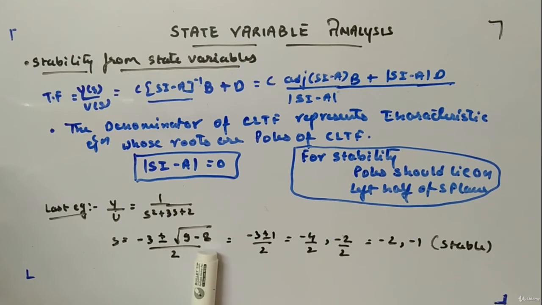So 9 minus 8 is 1. So minus 3 plus minus 1 divided by 2. If you solve it, you get minus 4 divided by 2 and minus 2 divided by 2. So one root is minus 2, one root is minus 1. It is a square equation, so a maximum of 2 roots will be there. They are both in the left half of the S plane, that is why the system is stable.